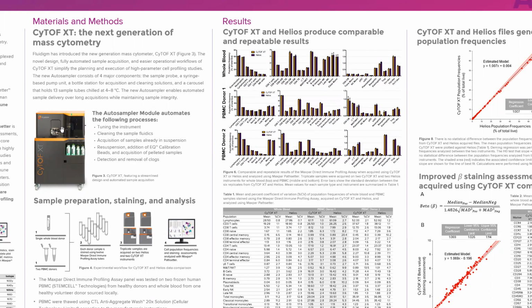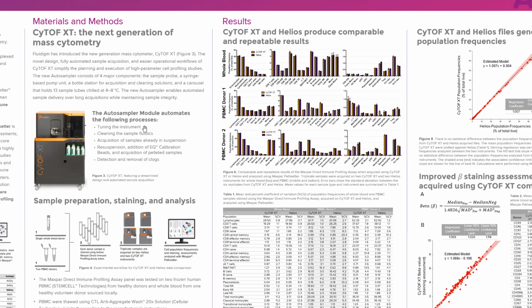Here we have a new autosampler which consists of 4 major components: the sample probe, a syringe-based pump unit which is inside here, a bottle station for acquisition and cleaning solutions, and a carousel inside here which is able to hold 13 sample tubes in a chilled 4 to 8 degrees Celsius environment. The autosampler module automates the following processes.